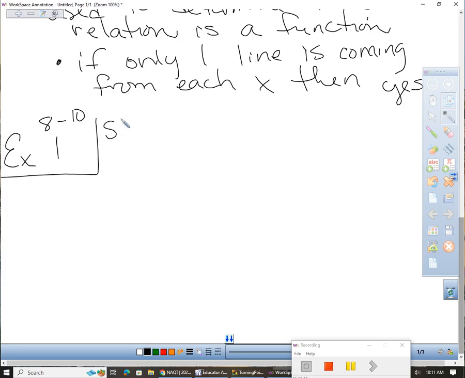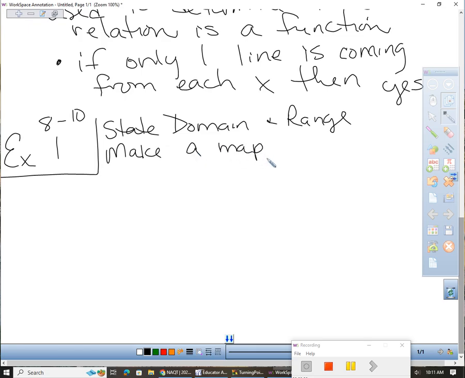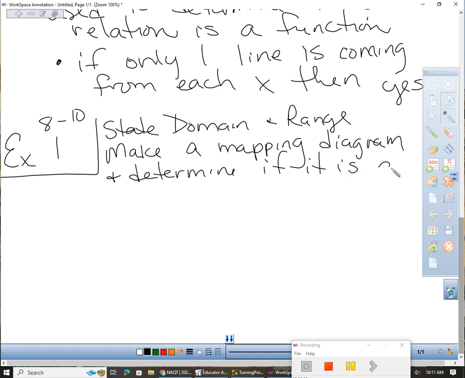State domain and range, make a mapping diagram, and determine if it is a function. So we have 4 things we have to do in problems 8 and 10.